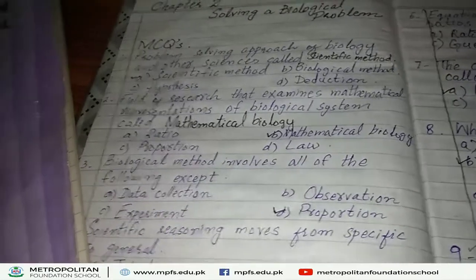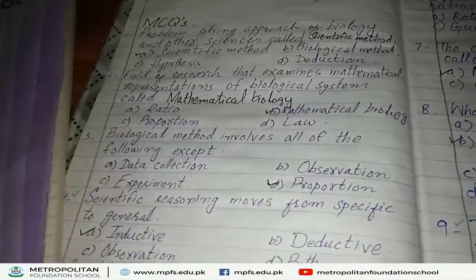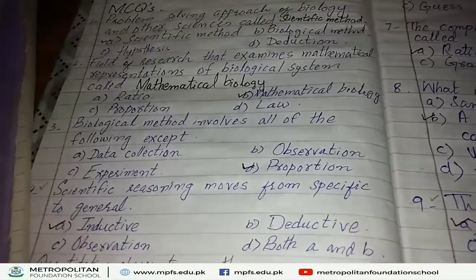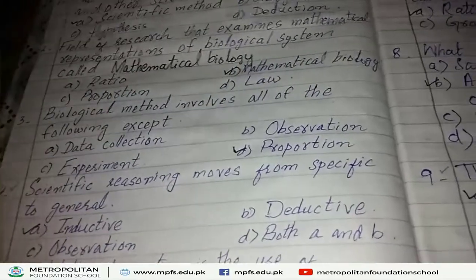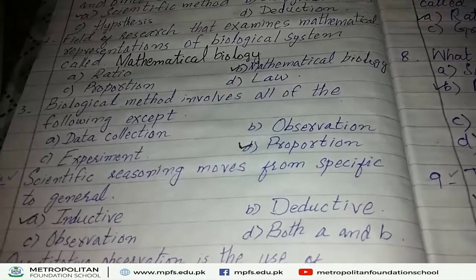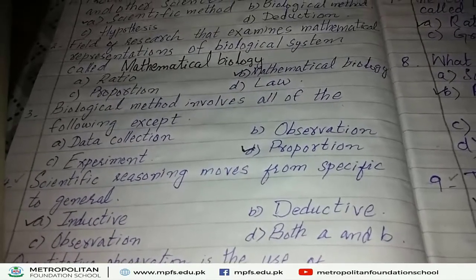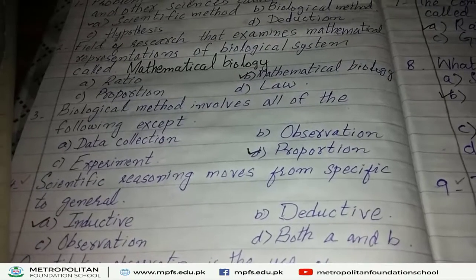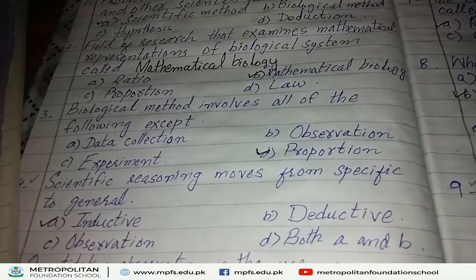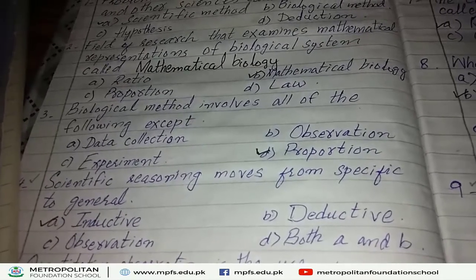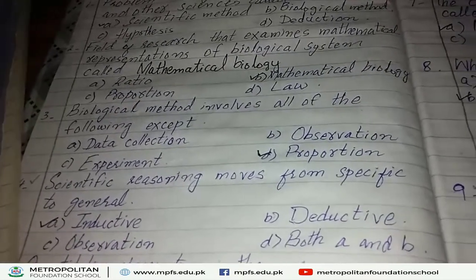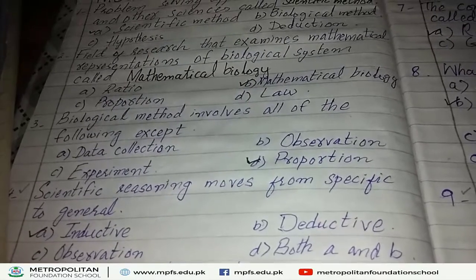Okay. Now, move next. Scientific reasoning moves from specific to general. Option A, inductive. Option B, deductive. Option C, observation. And option D, both A and B. So students, the correct option is inductive. First of all, we discuss here what is inductive reasoning. I give you one example of inductive reasoning.